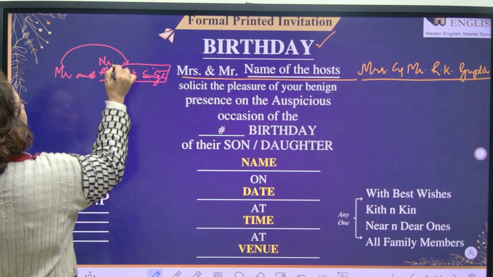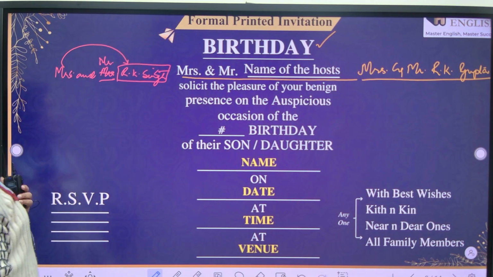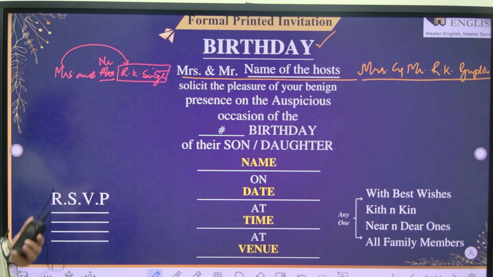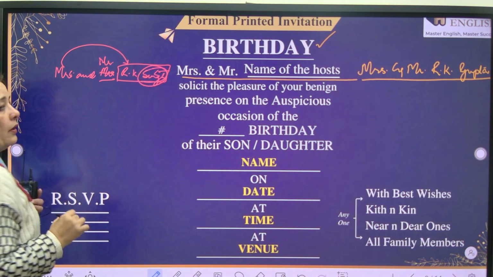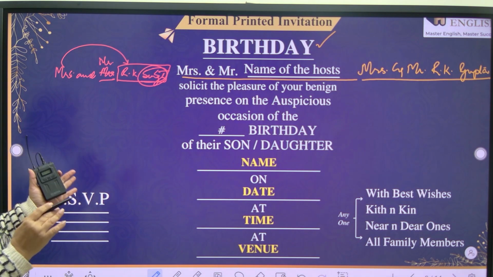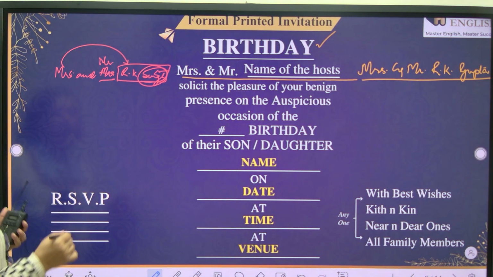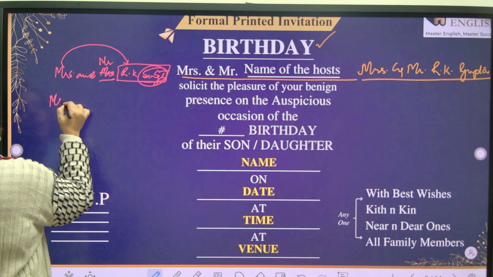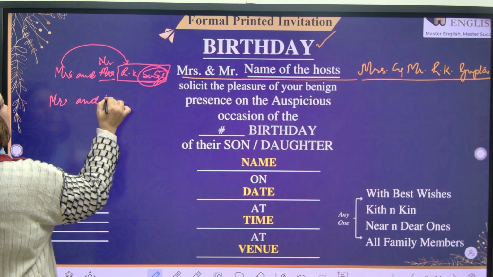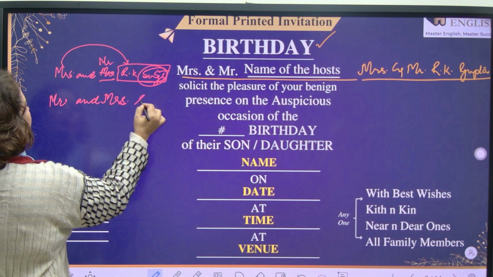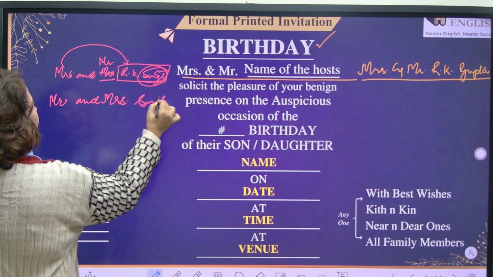You are going to write Mr. and the lady's title is going to come in the first place. Okay. Had it been just Singh, okay, the name is not there, only the surname part is there, then it is perfectly okay if you write Mr. and Mrs. Singh. Then it is perfectly okay.